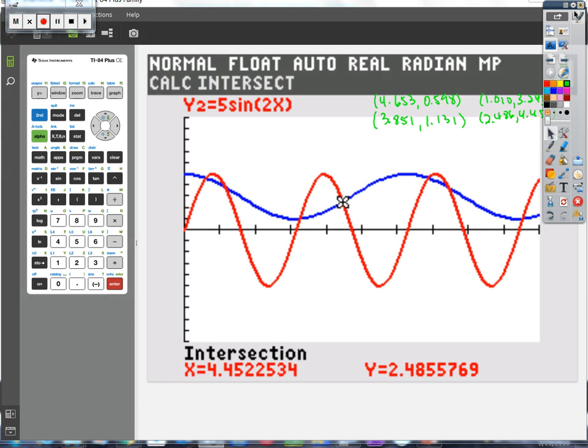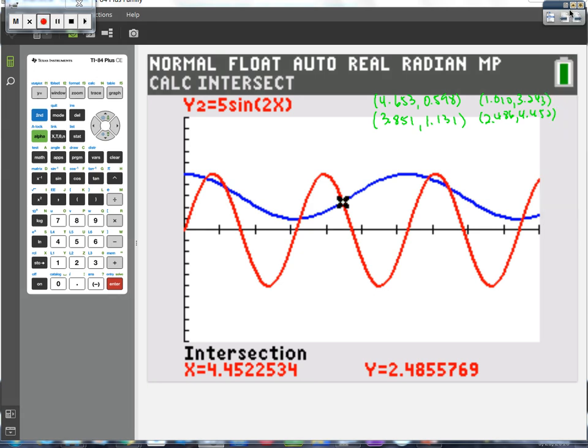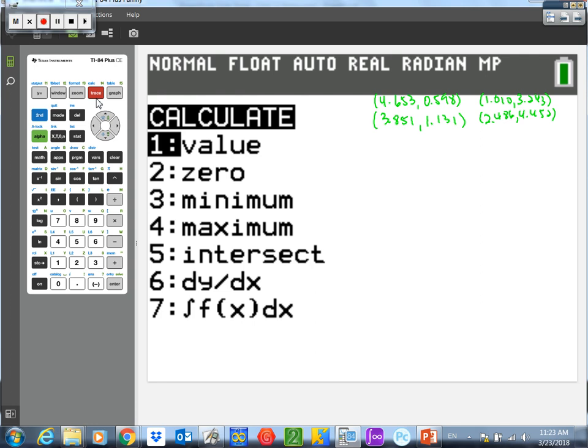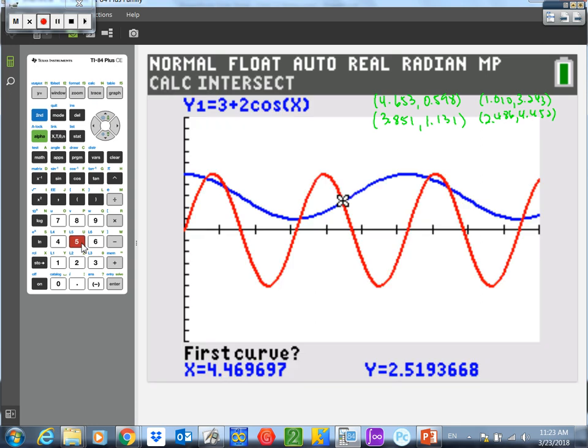So let's see what this next intersection is. So second, trace, intersect. So let's go over here and see what's going on. Wow, that angle measure is 6.88. Okay, so that is more than 2 pi.